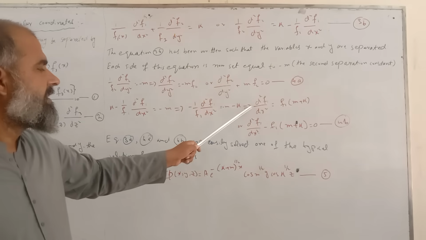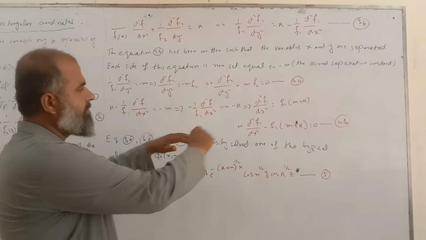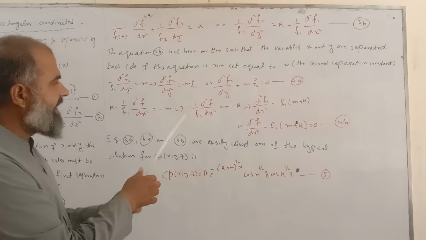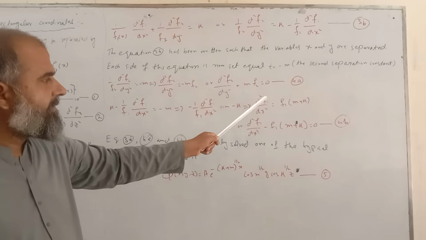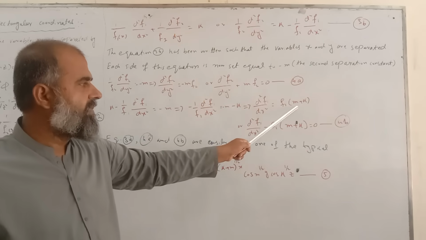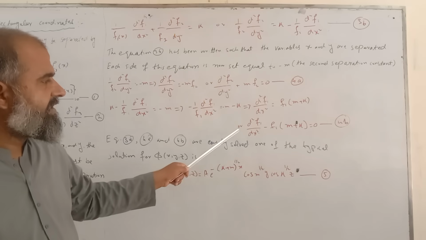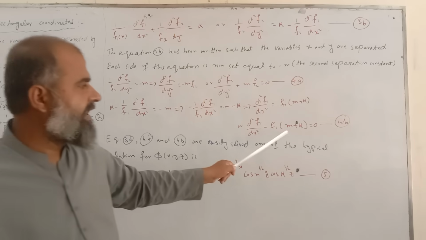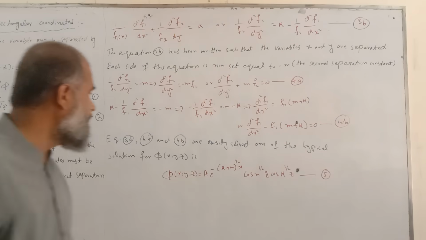The negative on both sides cancels out, and f1 is multiplied on the right hand side. It becomes d square f1 over dx square is equal to f1 times (m plus k), or d square f1 over dx square minus (m plus k) f1 is equal to 0.